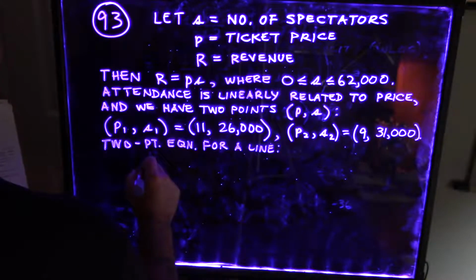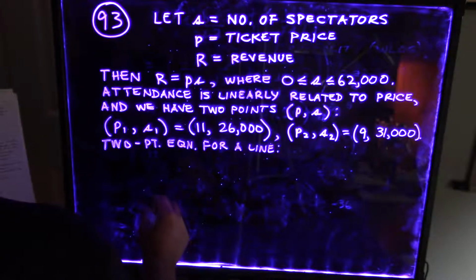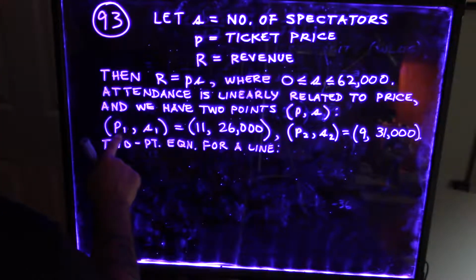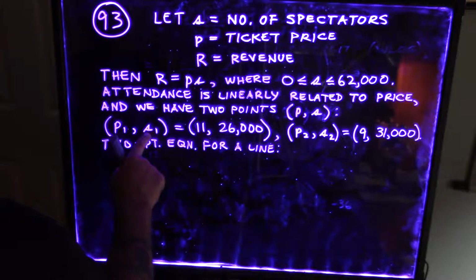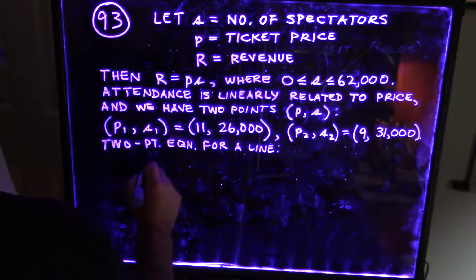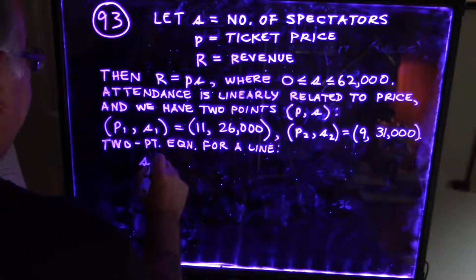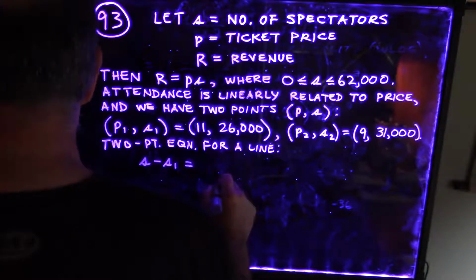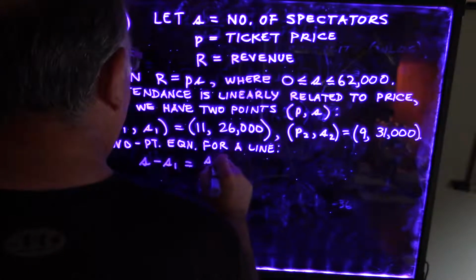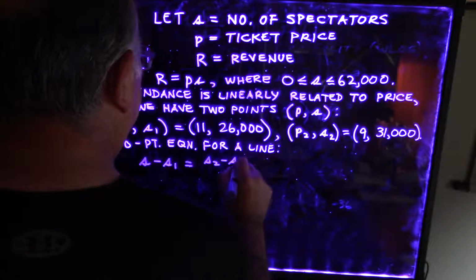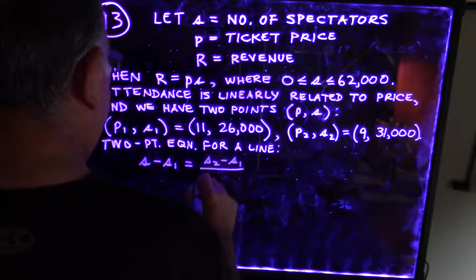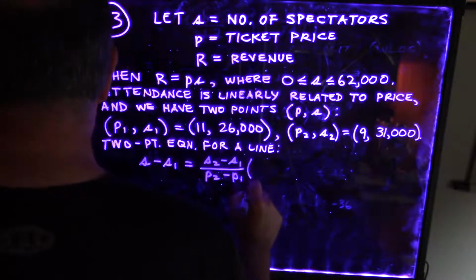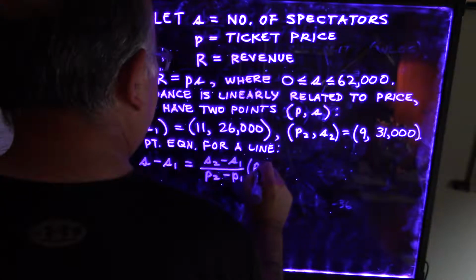So instead of x's and y's we've got p's and s's. The x's will be replaced by p's and the y's will be replaced by s in the formula. So we've got s minus s1 equals, here's the slope, s2 minus s1 over p2 minus p1 times the quantity p minus p1.